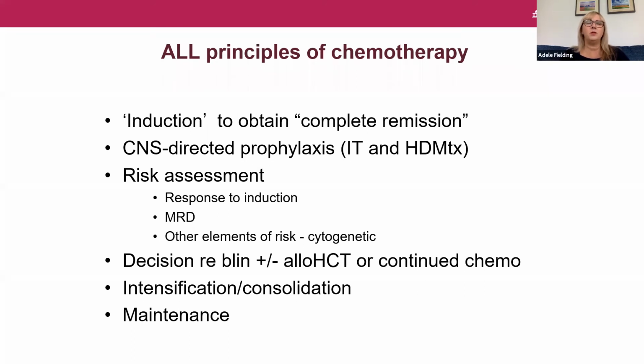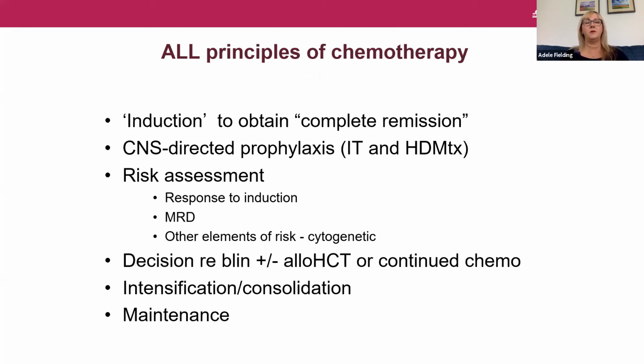And then at a certain point in the protocol, we'll take what we've got and do some kind of assessment to find out what the risk is for that patient, taking into account all the prognostic elements that we mentioned earlier, and minimal residual disease. So minimal residual disease probably supersedes certain things.